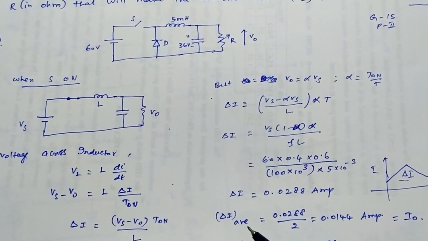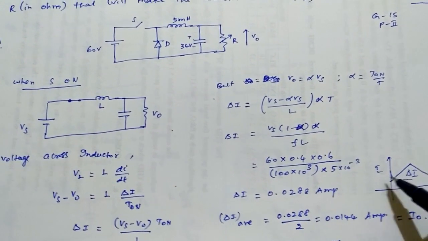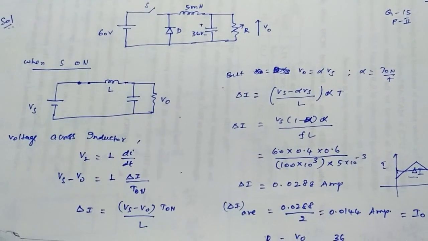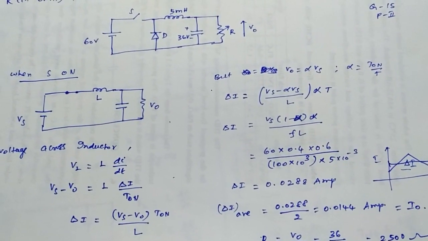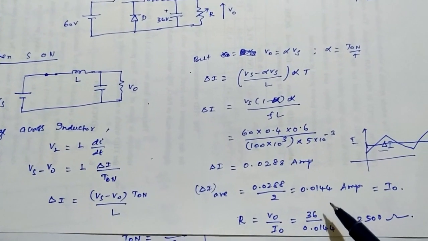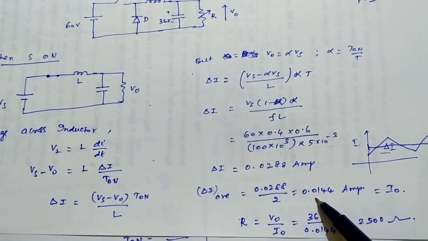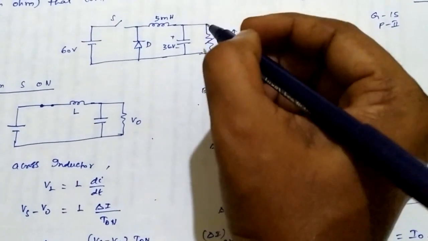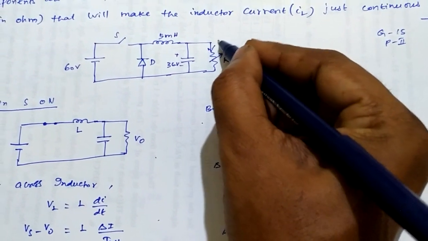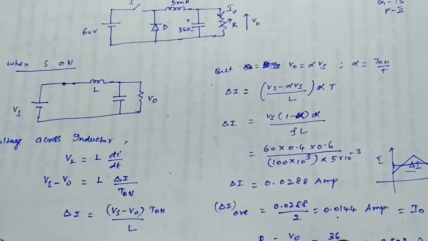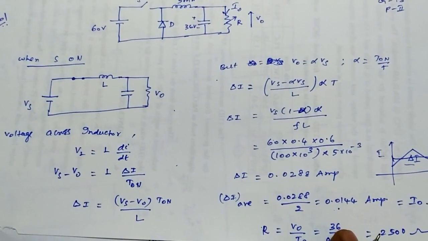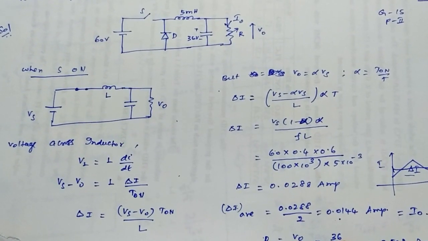Now when we take the average of this current, that value is divided by 2. This is the average value of the current flowing through the load, I naught, the average value of load current.